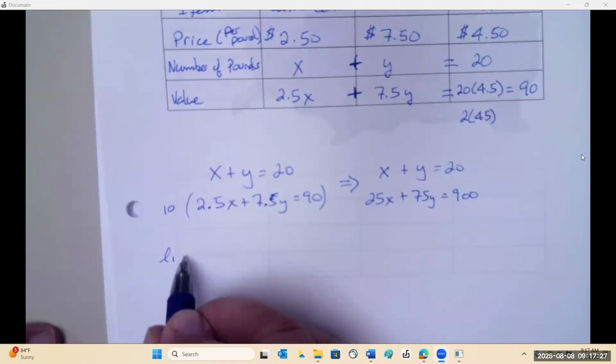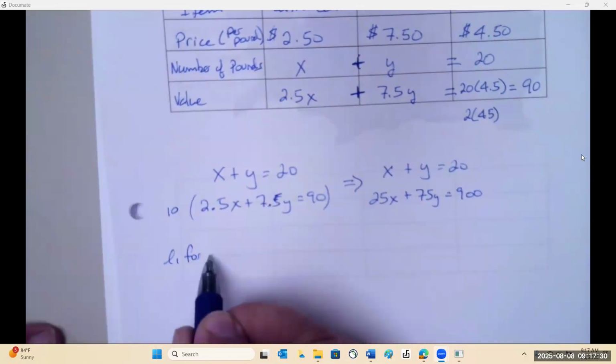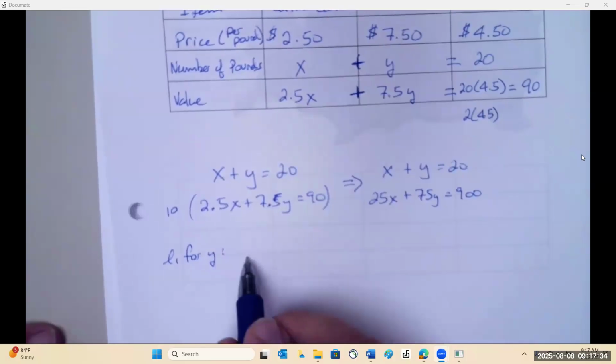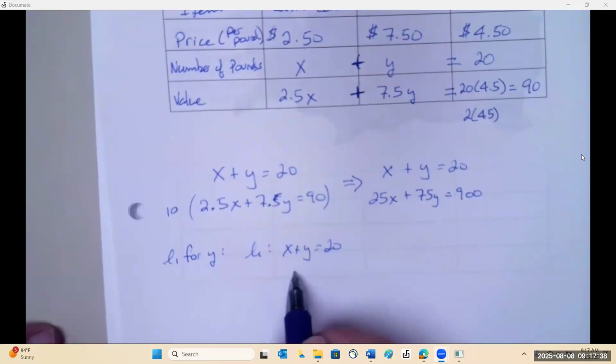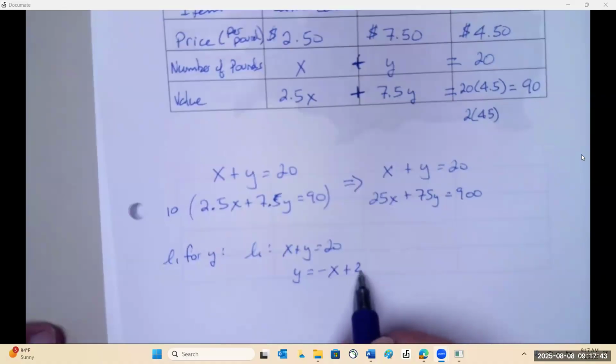So we're doing line 1 for y. We take line 1, x plus y equals 20, so y is equal to negative x plus 20.